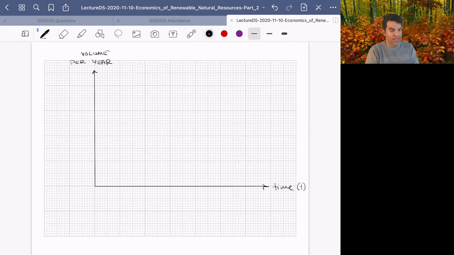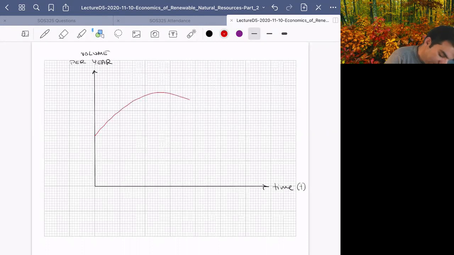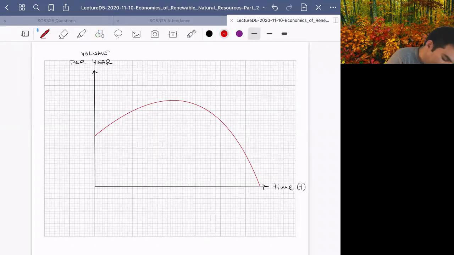And so if I plot my delta V, this curve, call that delta V. So you can view this as dV dt if you like, or V prime, or just delta V. So that's our year-to-year change.